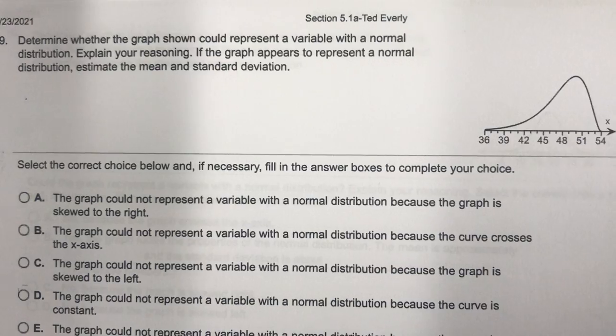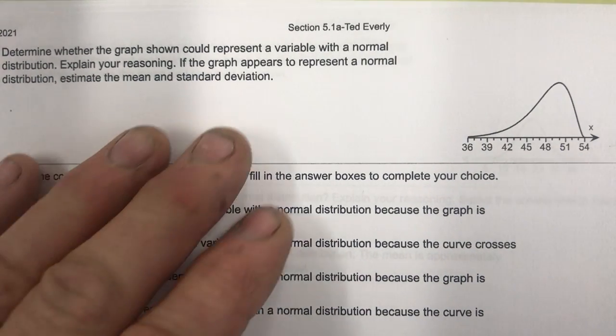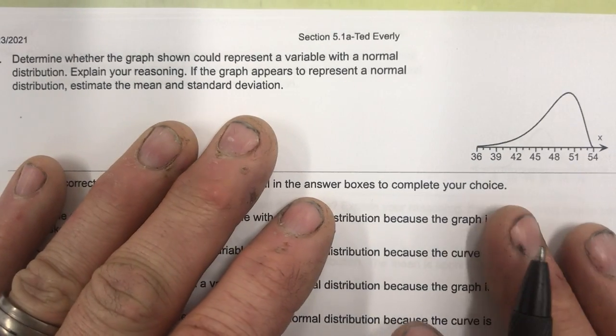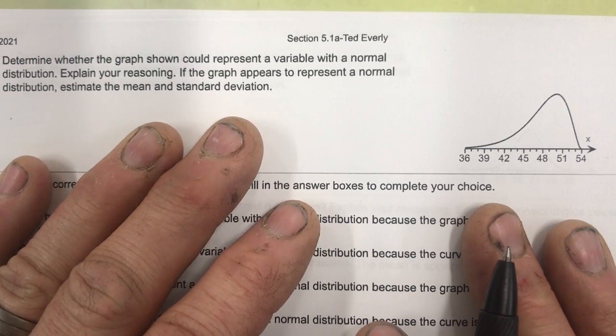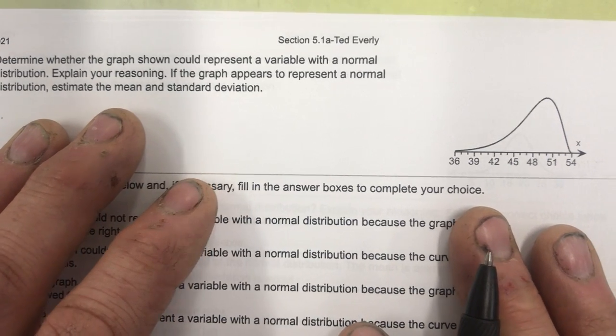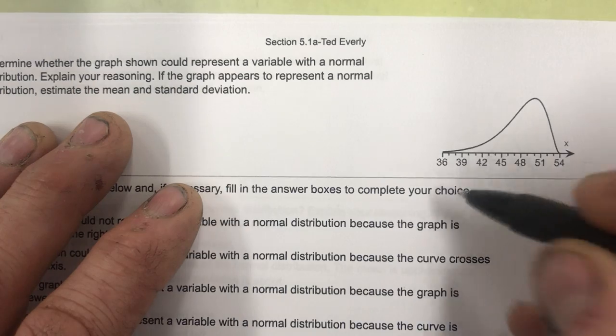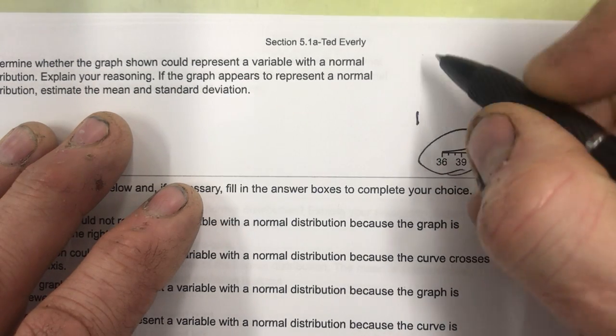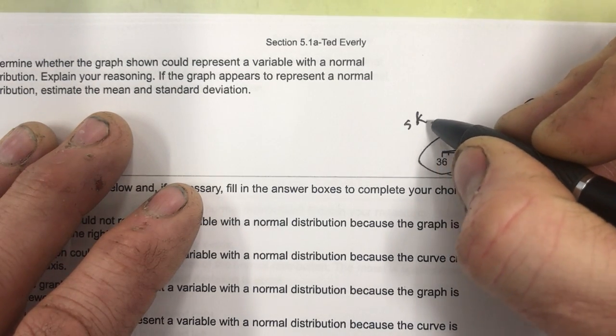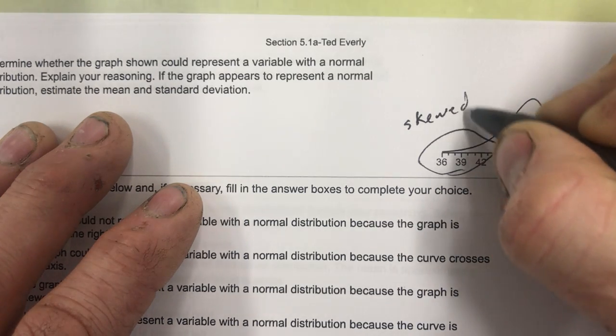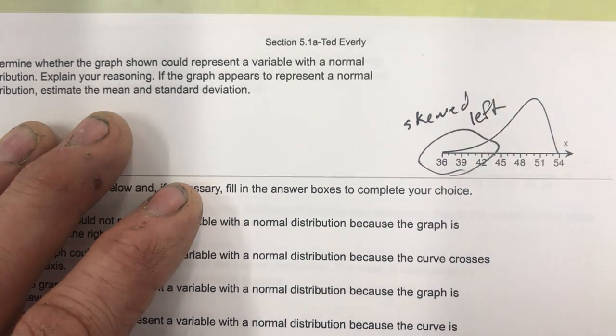Okay. All right, determine whether this graph shown, see this graph here, could represent a variable with a normal distribution. Okay, this is not a normal distribution because we see this tail over here. It's skewed left because my tails are to the left here.